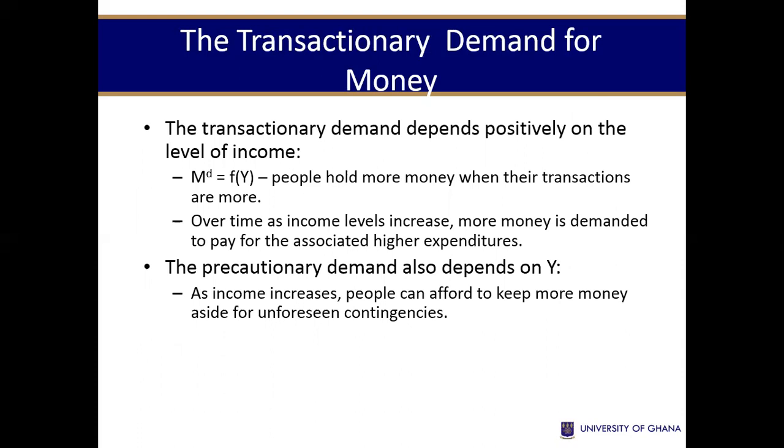Okay, let's look at the precautionary motive. This one too is the amount of money that you want to hold for unforeseen circumstances. Maybe you fall sick in the night and you need some money, so you put it down. Maybe unexpectedly someone comes to visit you and you need money to buy some stuff.